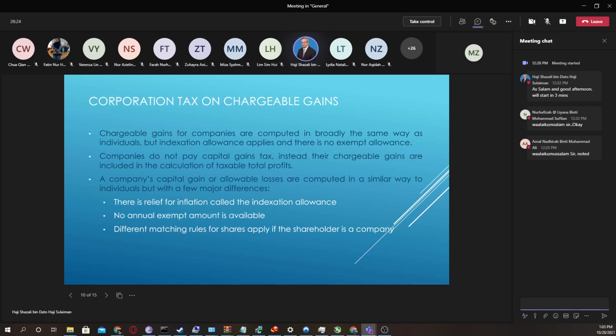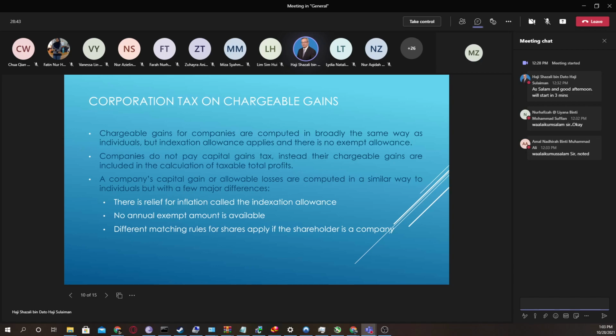There's relief for inflation. What indexation allowance takes into account is, say, if you bought your BIBD shares 10 years ago at $2 a share. Because of inflation, the cost 10 years later will be much higher.